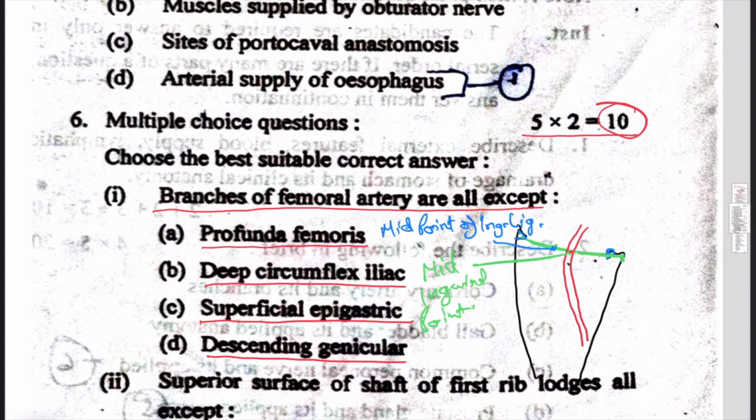So what is the significance of the mid-inguinal point? You have seen in the diagram that the external iliac artery continues as the femoral artery by crossing below this mid-inguinal point. Another significance is that there is a vertical line coming from above.